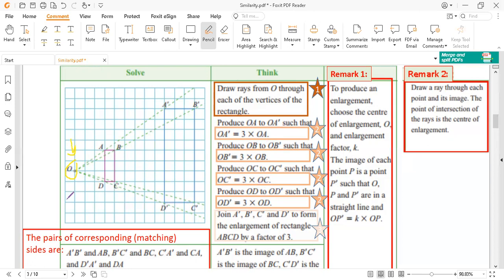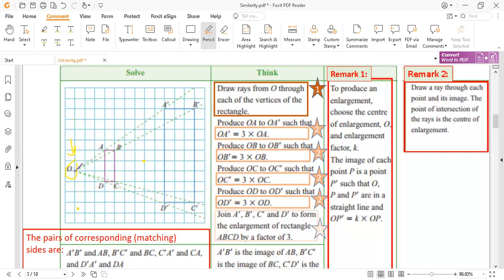Any point can be the enlargement center. We can put O here or inside between them, anywhere. And we should fix a scale factor.